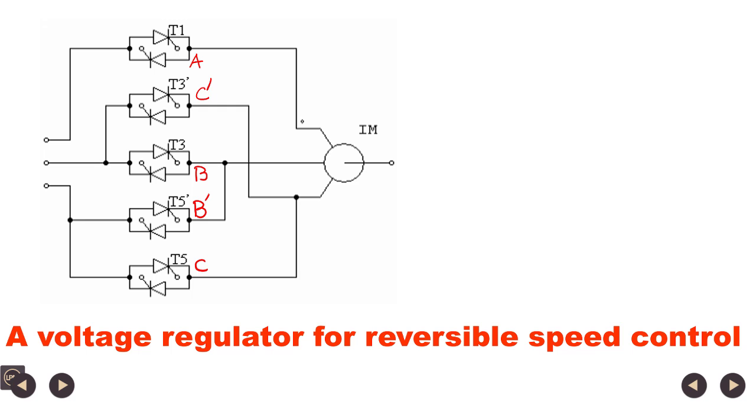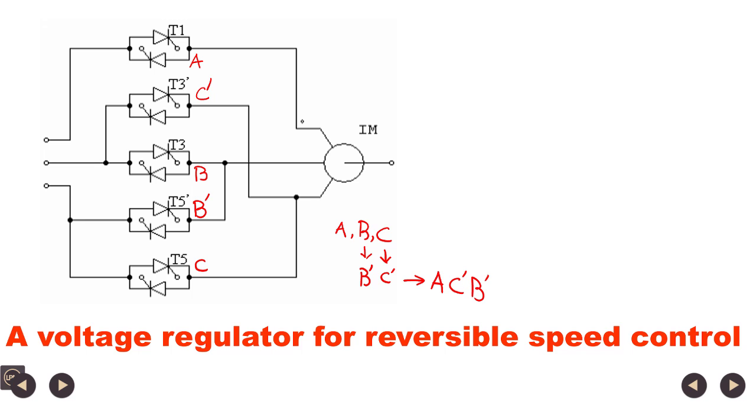So, you see, with thyristors 1, 2, 3, 4, 5, 6, phase sequence is A, B, C. But when we change from C to C dash and B to B dash, phase sequence becomes A, C dash, B dash. So, phase sequence is reversed.